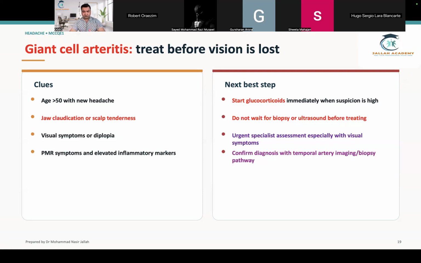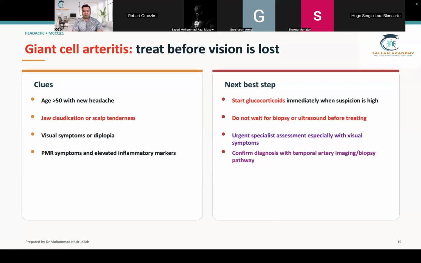You have to start with a high dose of steroid immediately when suspicion is very high. You start to save the vision, because once the blindness happens, it is irreversible. That's why we start with a high dose of steroid to save vision.